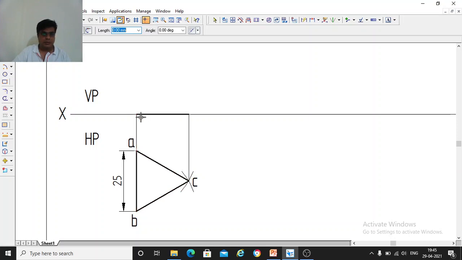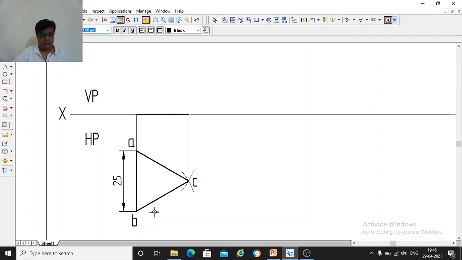Now you have to name the front view points. You know how to name the points in the front view. This point is A and B, both A and B are in the same line, so this point will be A and B. Since A is behind B, you have to put A in brackets. So I write with your HB pencil.